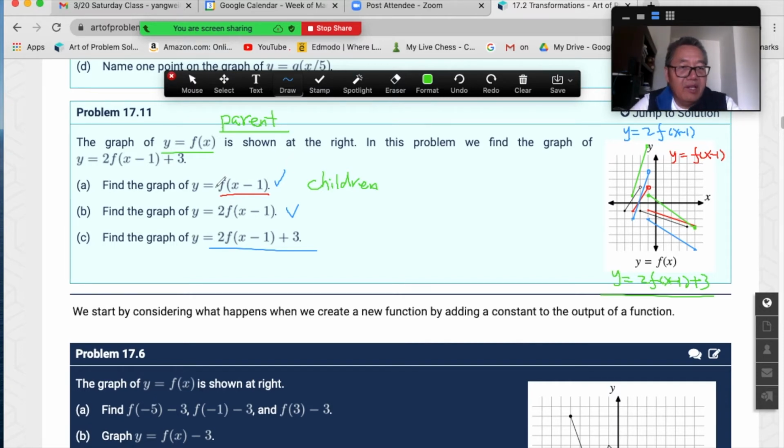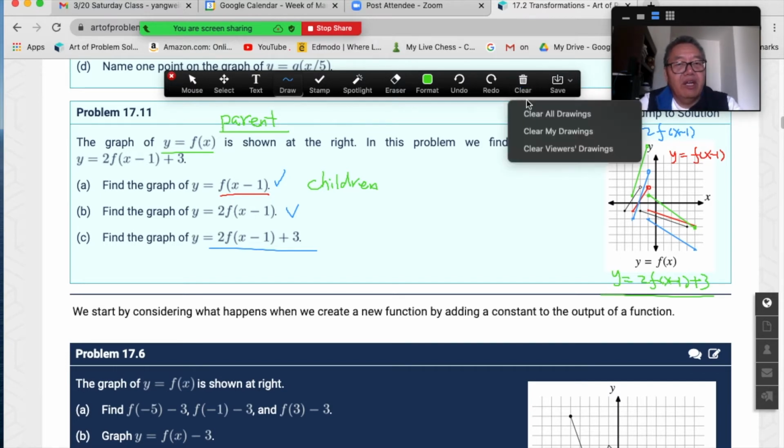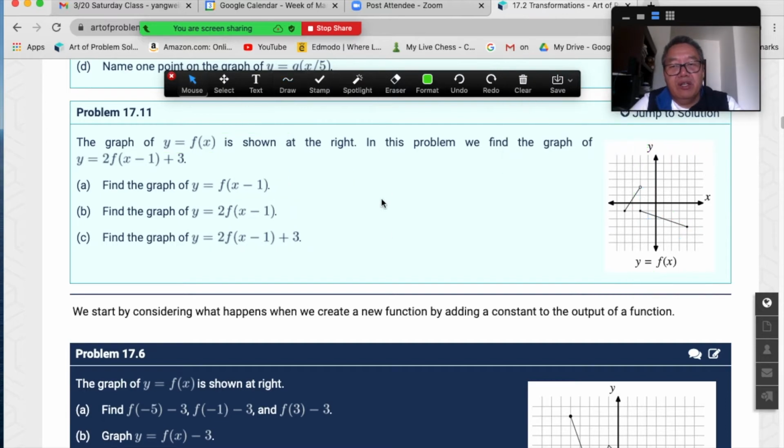From the beginning that's hard, but you just use the transformation ways we learned to shift, stretch, squeeze, then reflection, then you can get the graph of a very complicated function. That's what we learned here.